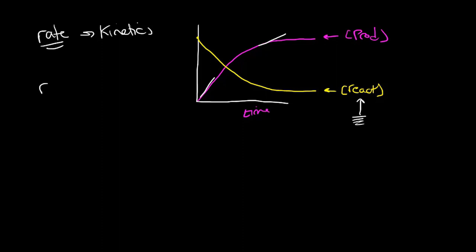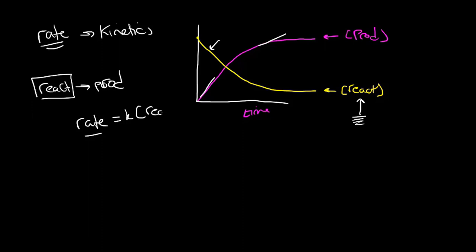So as we go from reactants to products, as time proceeds, the concentration of our reactants are decreasing, as we can see here. And this correspondingly decreases the rate of a reaction because the rate of a reaction is dependent on the concentration of reactants in some way.